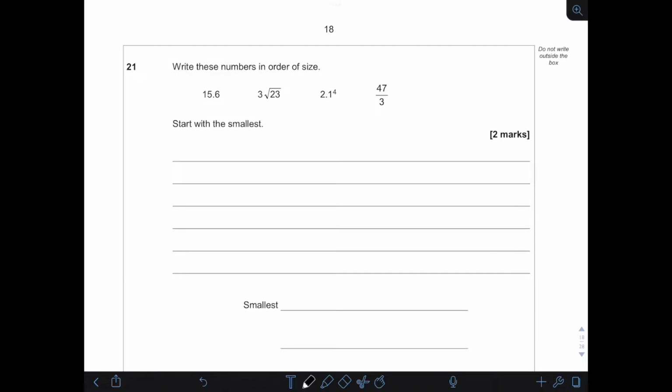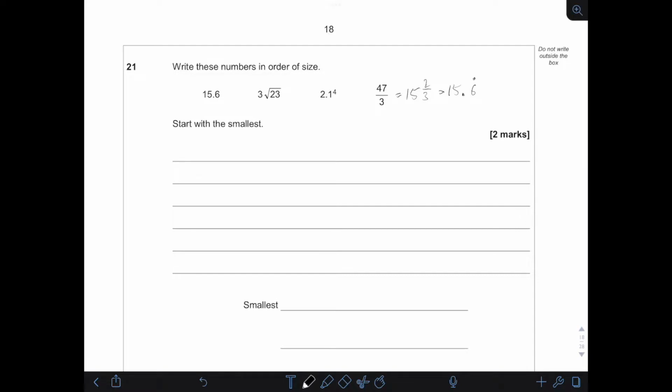47 on 3 is probably best to be converted into some form of a fraction, so that is 15 and 2/3, or 15.6 recurring.